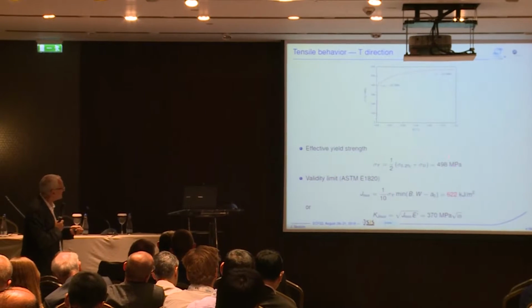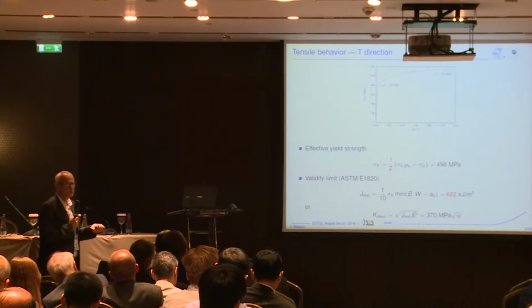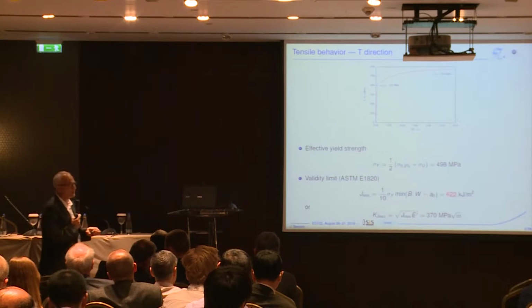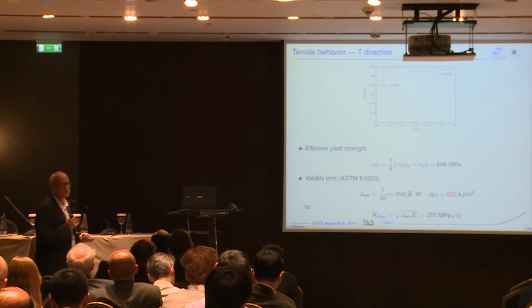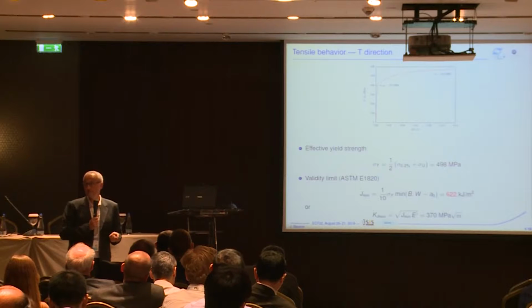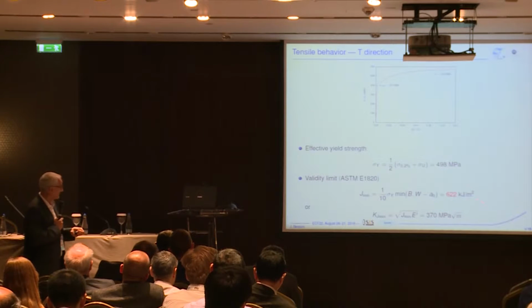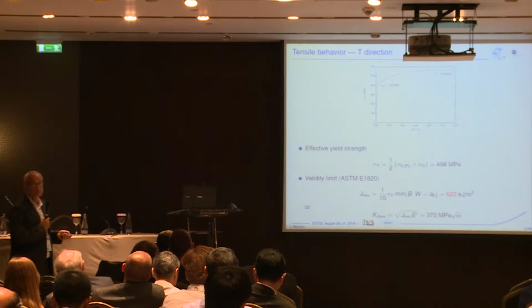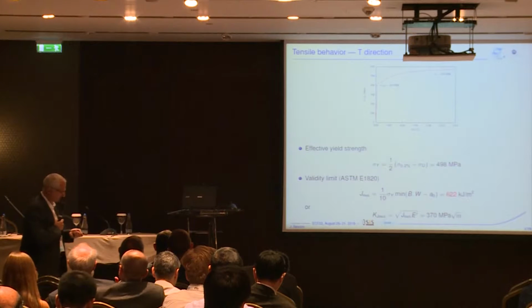And then we can use this value to compute the J max value that you can obtain for a valid test according to this standard. Here I've done the calculation for a specimen with a thickness B equal to 12.5 millimeters. And that gives me this value for the J limit and the corresponding KJ value. So it's about 600 kilojoules per square meter, which appears to be quite high.